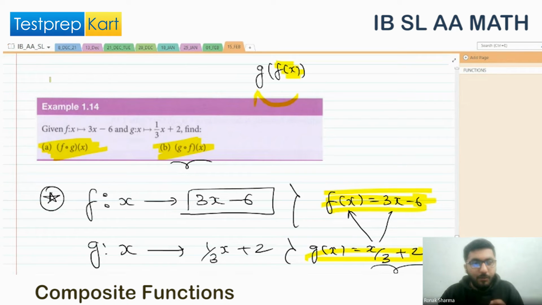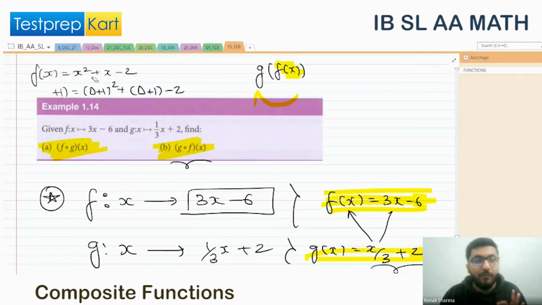Like if f of x is x square plus x minus 2, and I ask you what is f of delta plus 1, you'll put delta plus 1 in place of x everywhere. Getting the point? That is the point of composition, and that is what functions do.